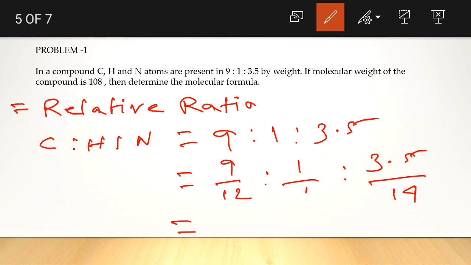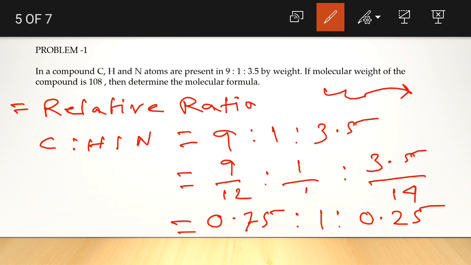So you will get 0.75, 1 and 0.25. Actually you have to first determine the empirical formula and then you have to determine the molecular formula. So this is the methodology of how we can determine the empirical formula.